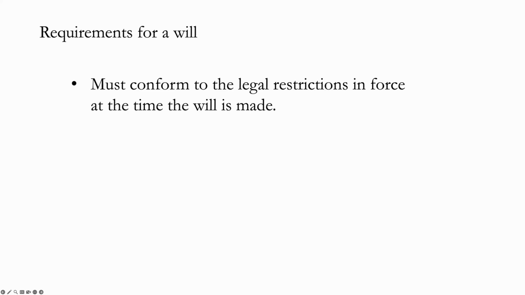So basically, the will has to conform to the legal restrictions in force at the time the will is made. That means wherever it is. If it's in England, if it's in Germany, if it's in whatever country, there are still going to be some legal restrictions on what they're going to accept as a will.